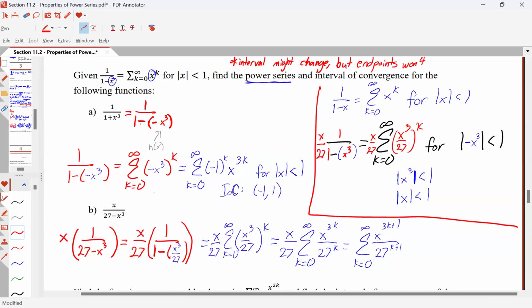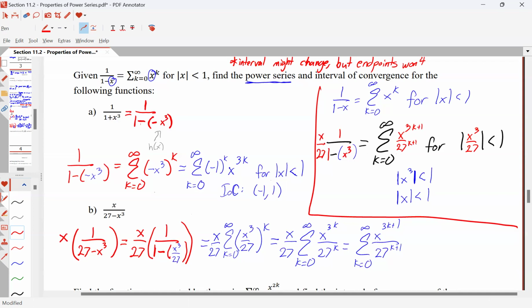This converges for x cubed over 27 being less than 1. I could multiply this 27 in and have x to the 3k plus 1 over 27 to the k plus 1.